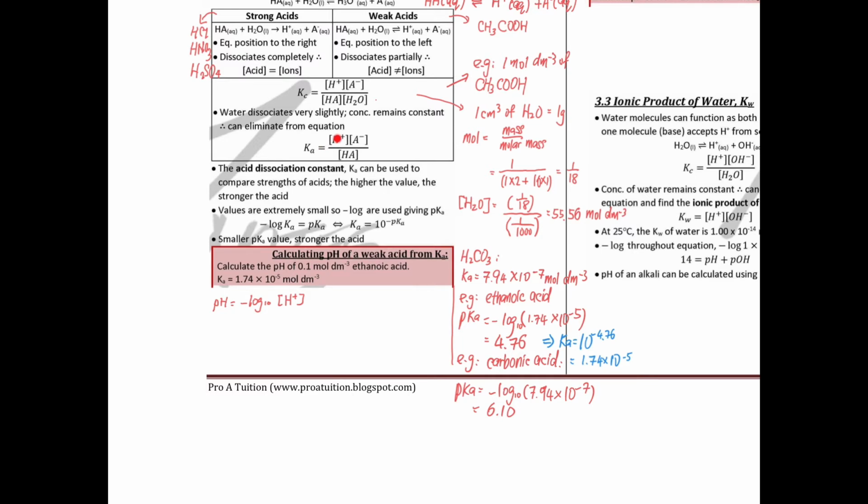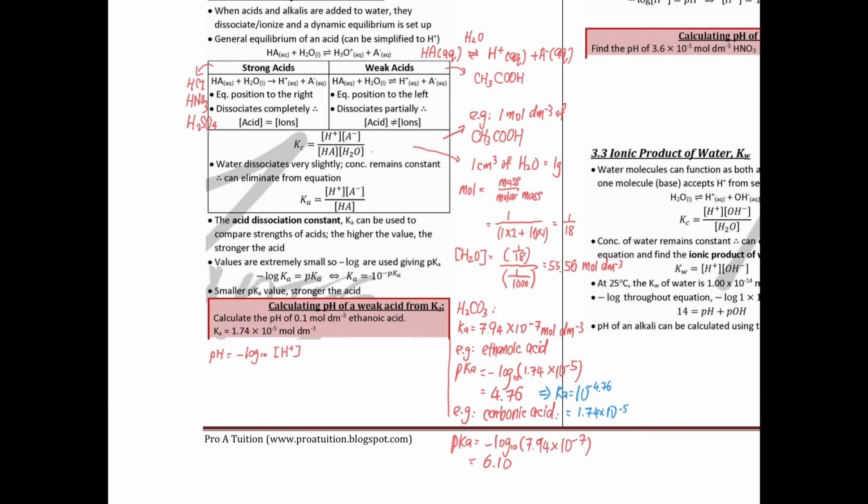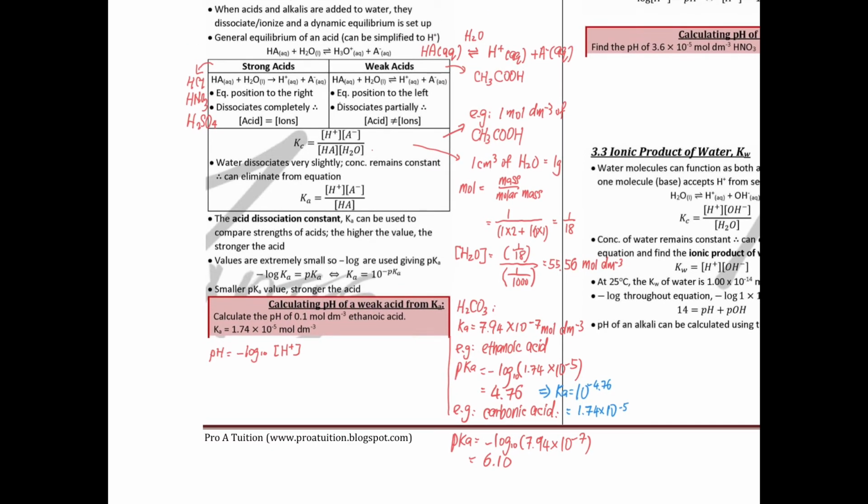Okay, so to use this formula, let's say as a practice, I write down the equation. Like what I mentioned just now, there are two versions of writing out the equilibrium.